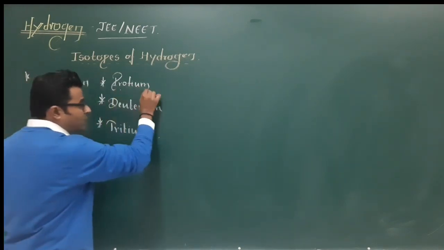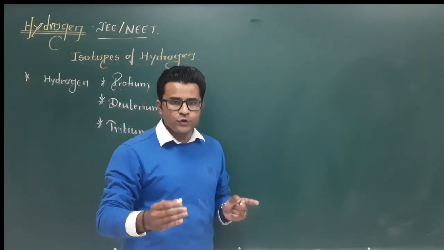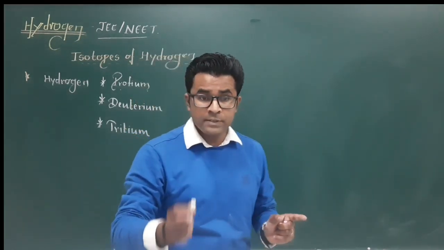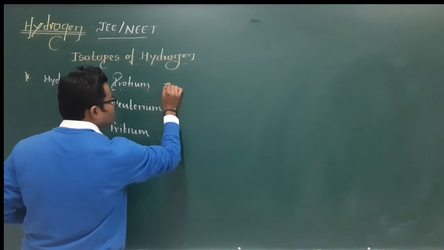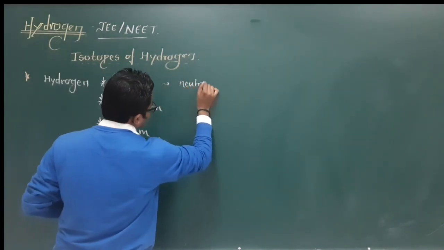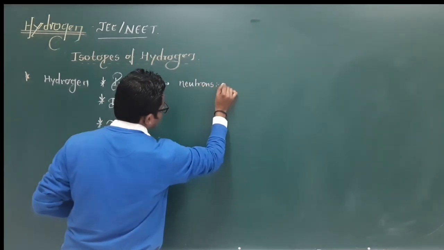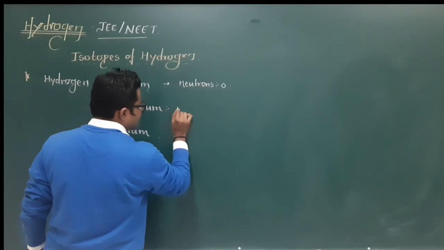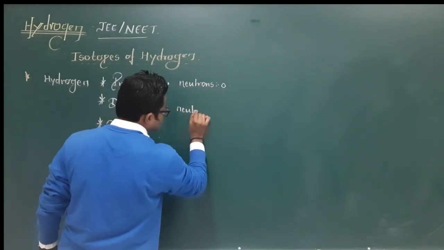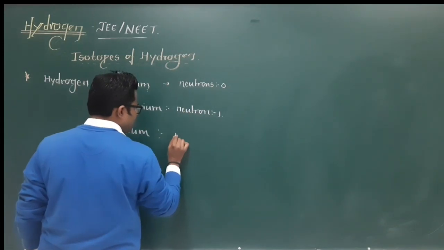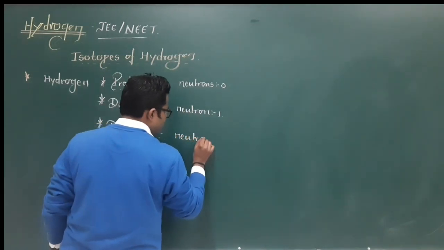Now, in protium or normal hydrogen, atomic hydrogen, we do not have any neutrons. So, the number of neutrons in this particular case is 0. In deuterium, there is a presence of one neutron, while in tritium, there are two neutrons.